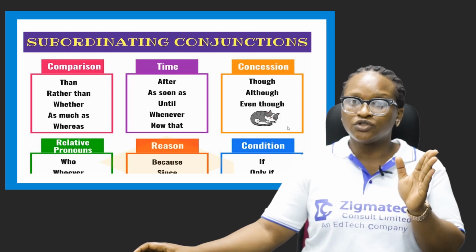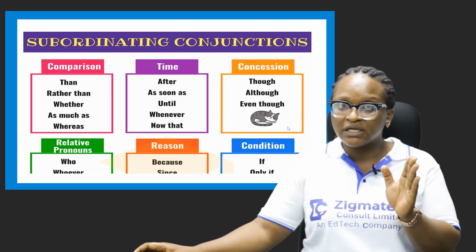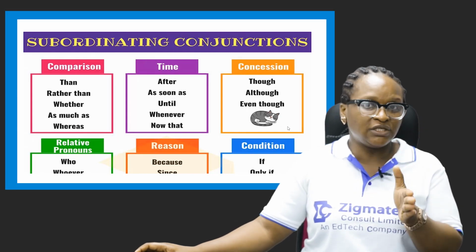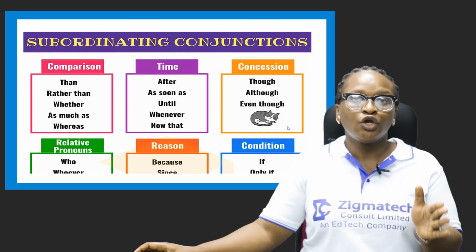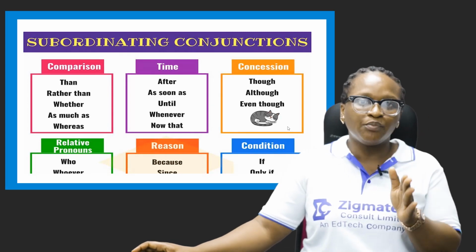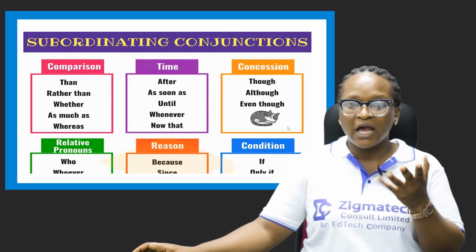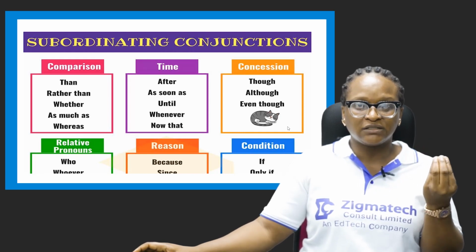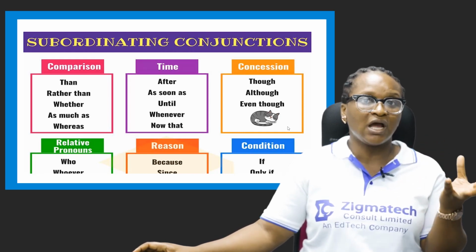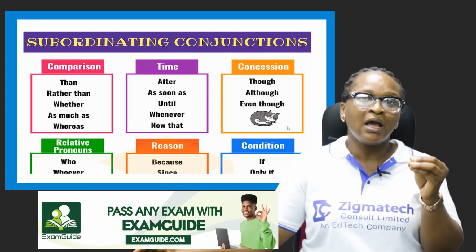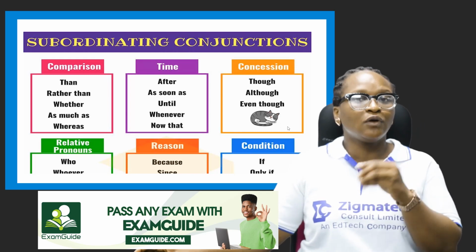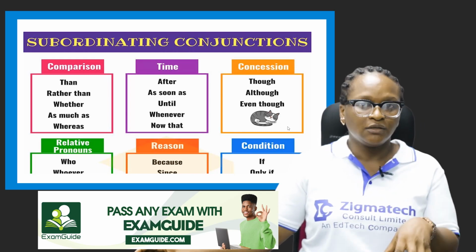A subordinating conjunction starting a sentence must not stop at the subordinate clause. Rather, you must include the independent clause in that sentence. I gave an example stating that using because to start a sentence or to respond to a question asked must not end at that subordinate clause part of a sentence. You have to add the main clause.